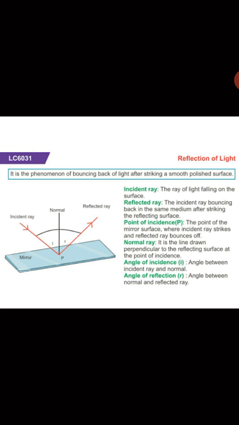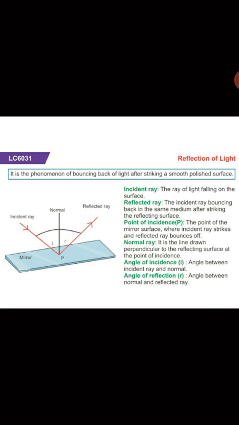Now if you see in the diagram, two angles are made on either side of the normal. One angle is formed between the incident ray and the normal, and it's written there as I. The angle between the incident ray and the normal is called the angle of incidence.